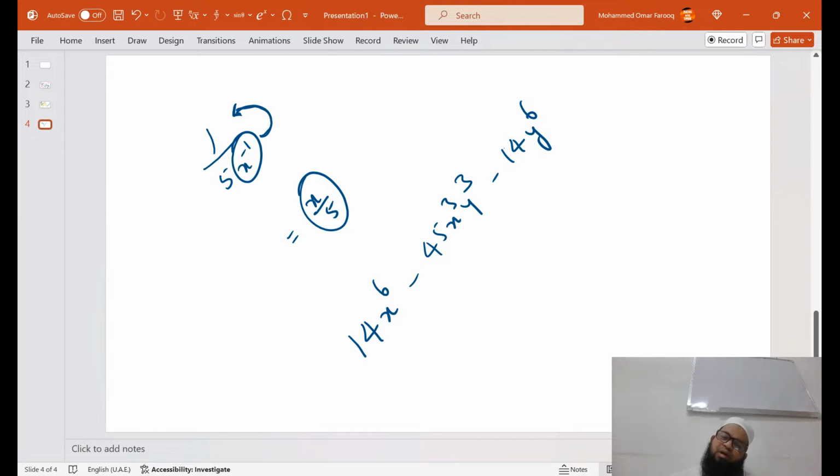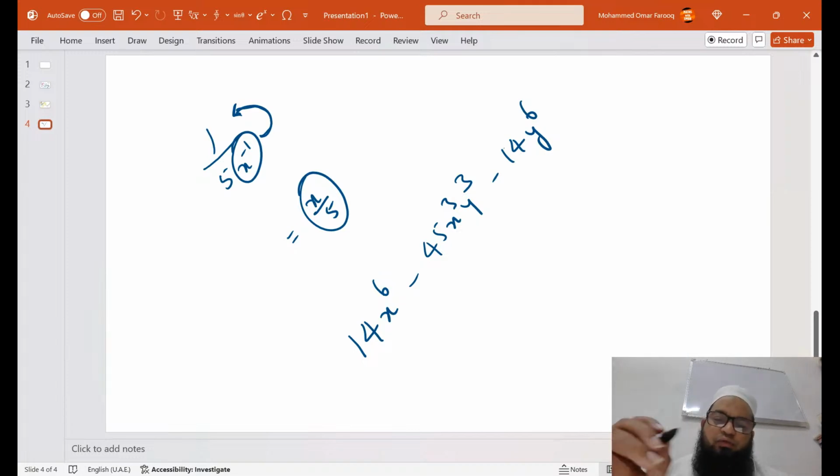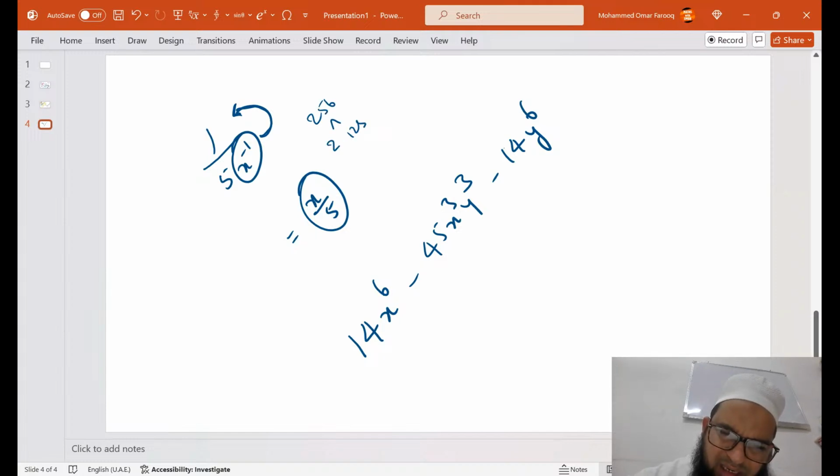Okay, you have to factorize. It is splitting the middle terms. Let me explain you. 14 14s are 256, and 256. What are the factors of 256? 2 128 times, 2 64 times, 2 32 times.